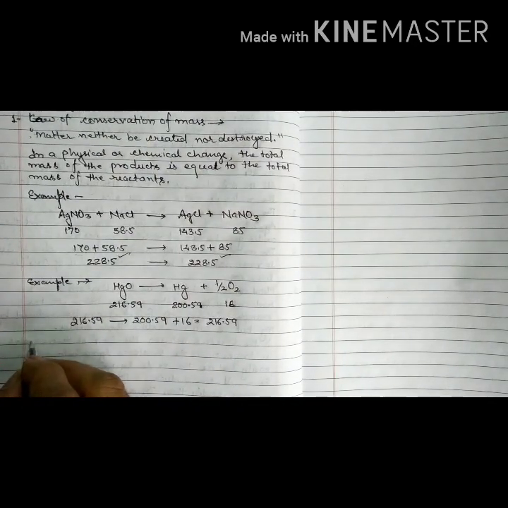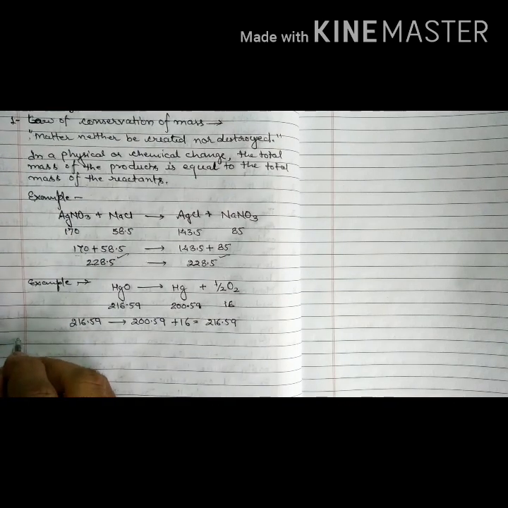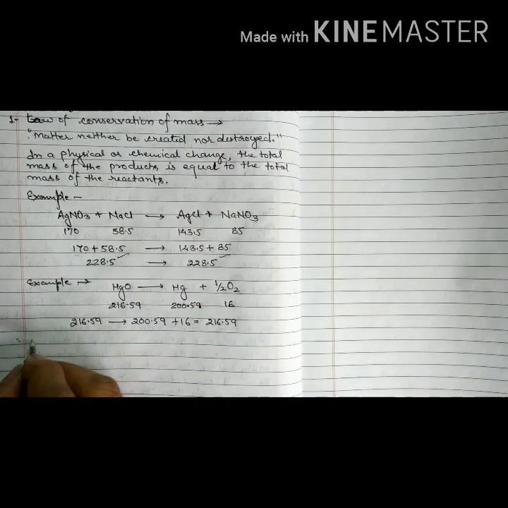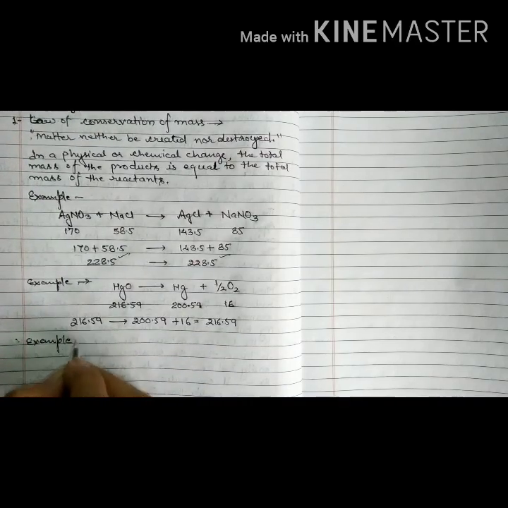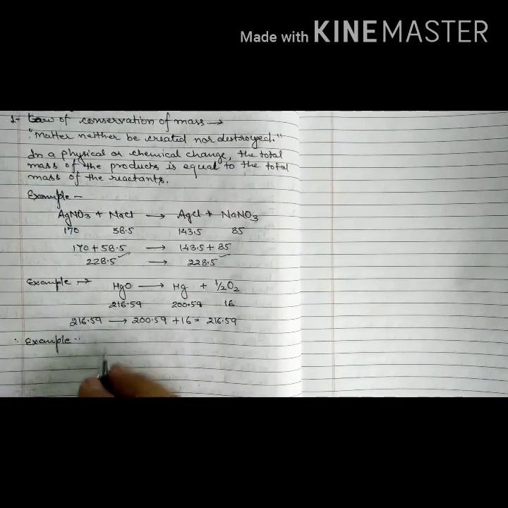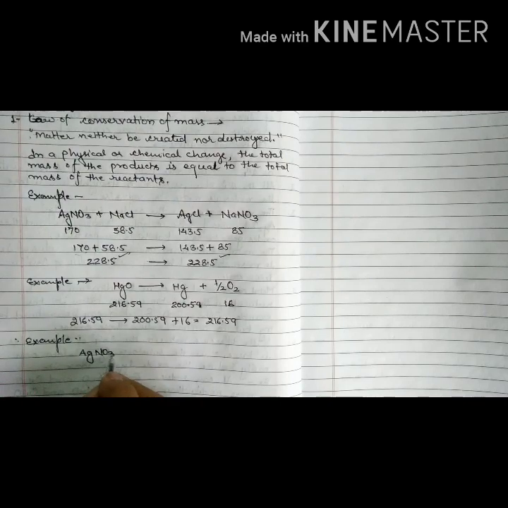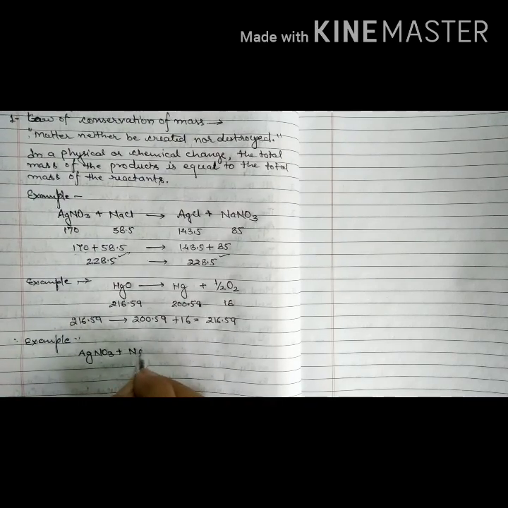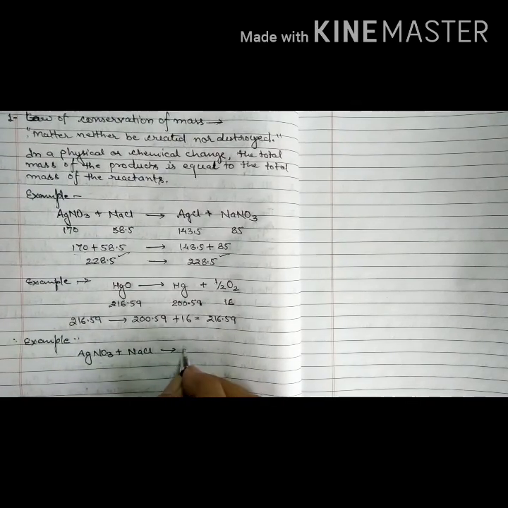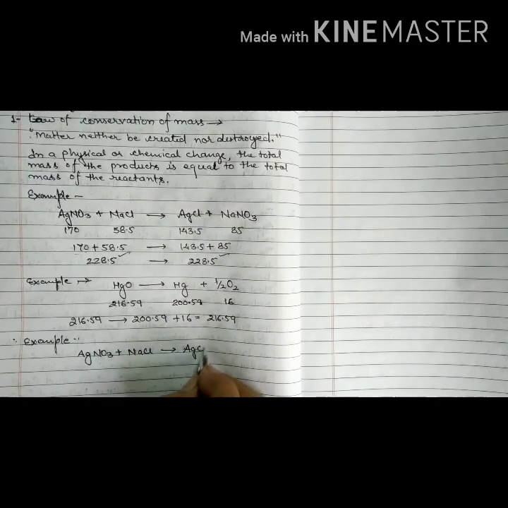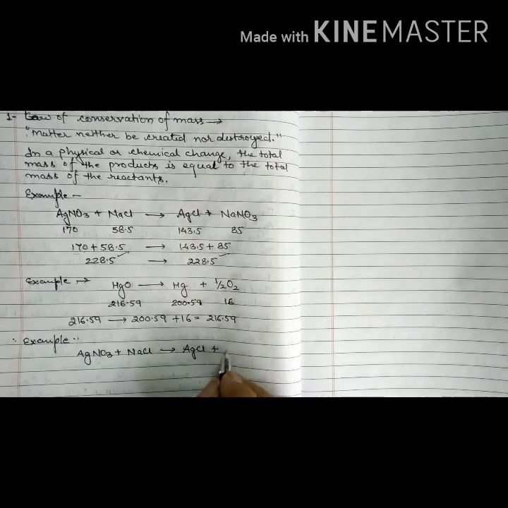Now the next question is, suppose we are given AgNO3 and NaCl, this will give you AgCl and NaNO3. This is the first reaction.